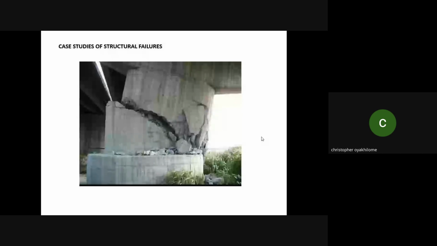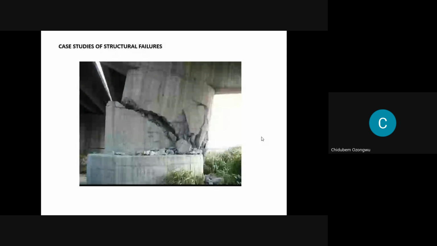The shear failure is caused by the shear load, which is more than the strength of the shear material. For me, the remedy for this is to bring down the whole structure and start it afresh, because with what I'm seeing here, there's no remedy. Trying to patch it up will result in more failure. So the solution is to bring the whole structure down and start it afresh. Thank you.